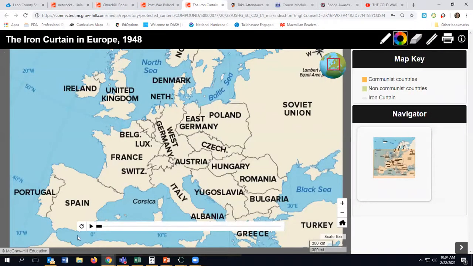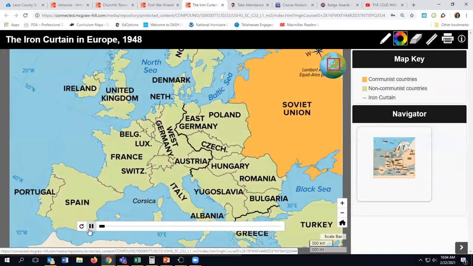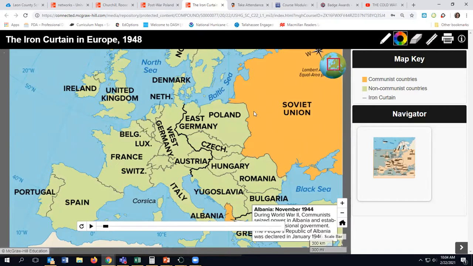All right, the Iron Curtain. So here's the Soviet Union, and here's all the parts that Russia, formerly known as the Soviet Union, controlled after World War II.